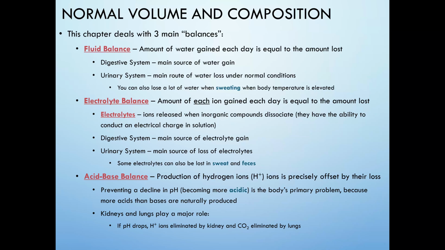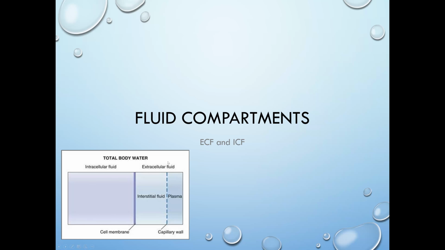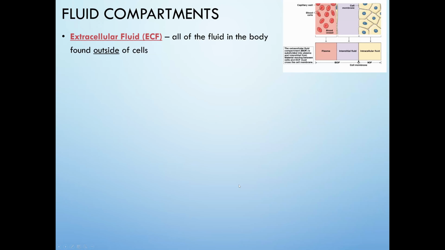In this section, we'll talk about the fluid compartments, which is again going to be your extracellular fluid, which is mainly your interstitial fluid and your plasma, and your intracellular fluid, which is the fluid inside of the cells. Extracellular fluid, or ECF, is all of the fluid in the body found outside of a cell. There are two major divisions of the ECF: the plasma that makes up the liquid portion of your blood, and the interstitial fluid, which is the fluid in your tissues between all of your cells.